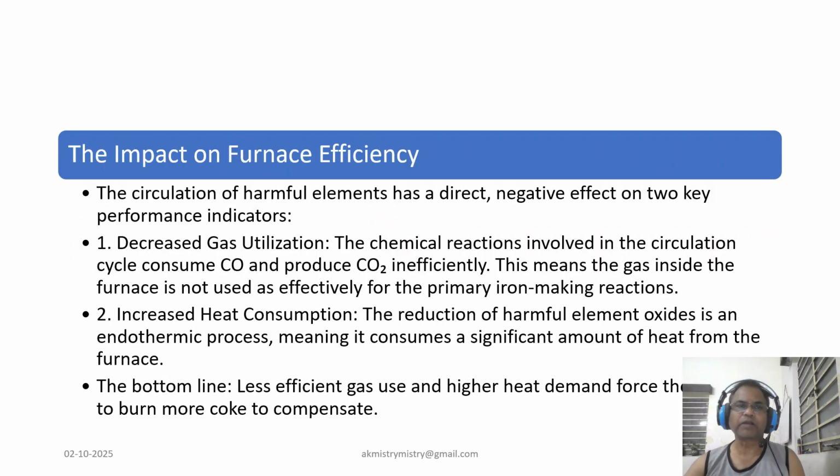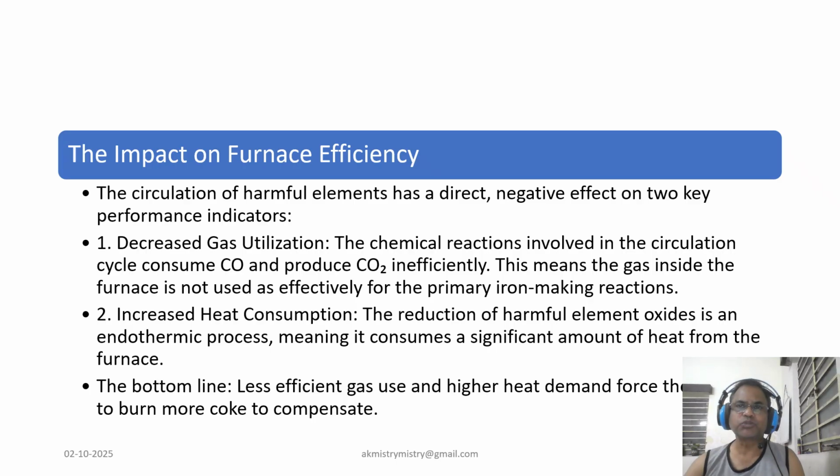This circulation and accumulation directly harm the furnace efficiency in two major ways. First, it causes a decrease in gas utilization. The chemical reactions involved in this cycle consume carbon monoxide and produce carbon dioxide inefficiently. This means the gas is not being used as effectively as it should be for the main job of making iron.